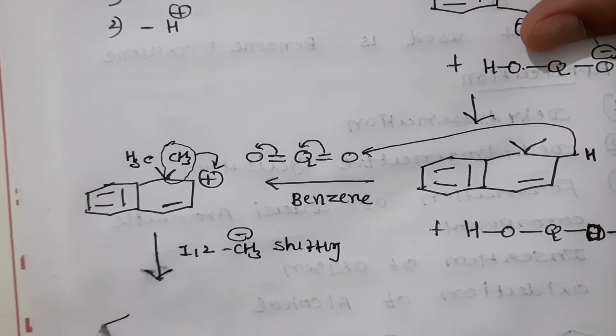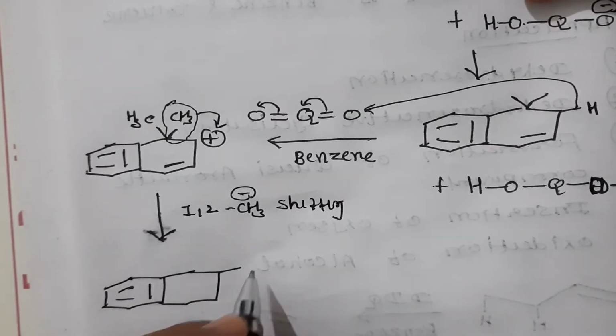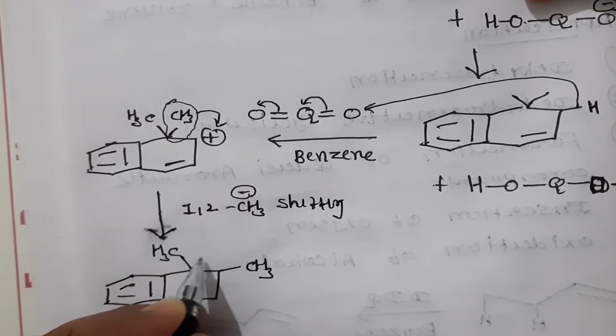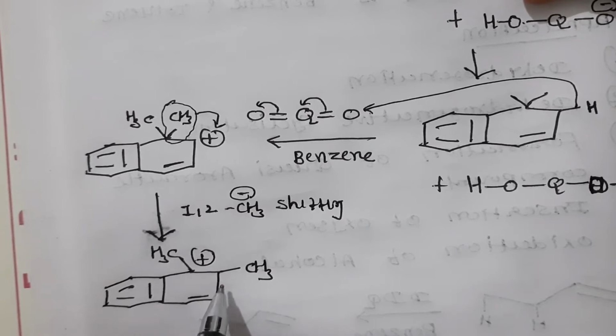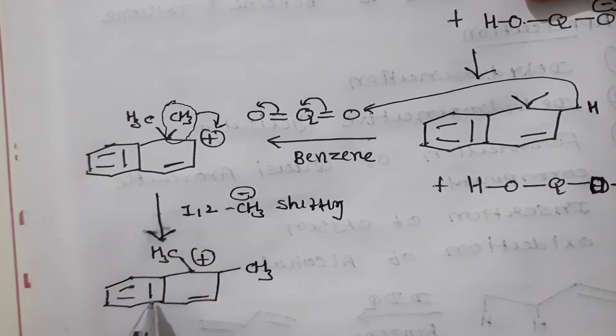So what happened? Here methyl is shifted here and this methyl remains here. Now this 2 degree allylic carbocation is converted into 3 degree benzylic carbocation. So it is more stable carbocation than this.